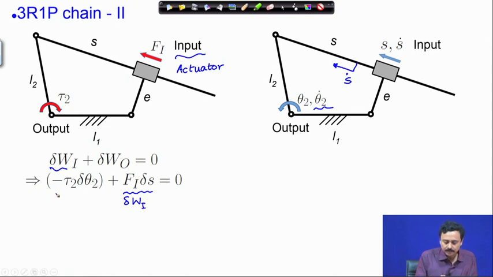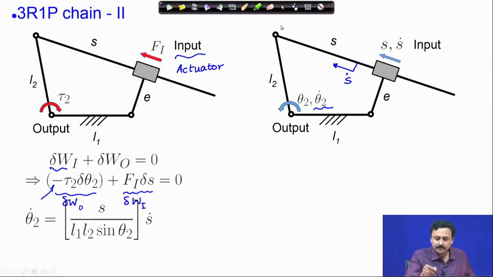At the output we have tau 2 as the output torque and delta theta 2 as the virtual displacement at the output. Now, they are in opposition, as you can see. So, that is why you have this negative sign sitting here, the work done being negative.